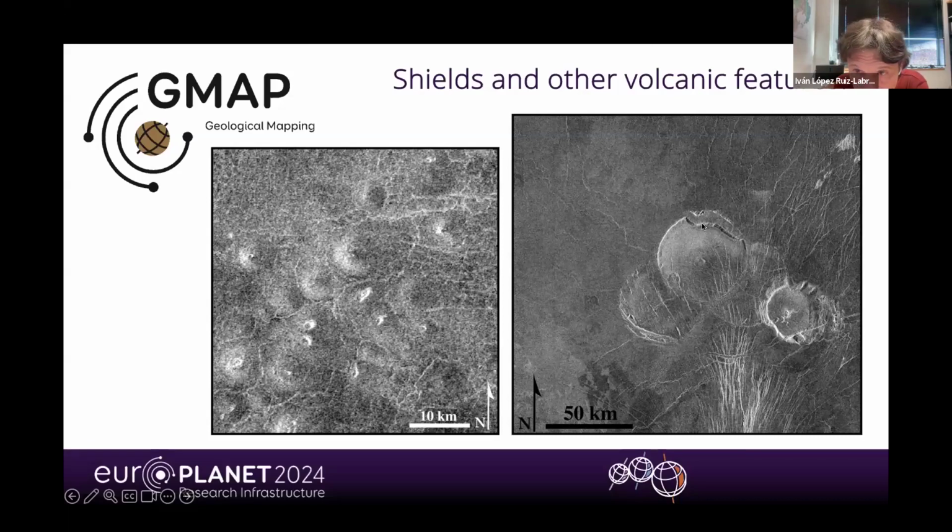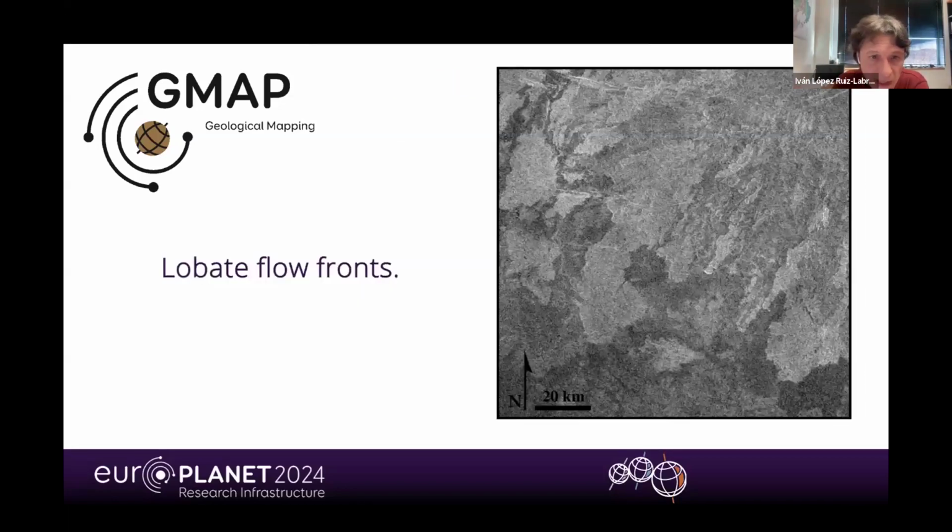This part is brighter than this because of the orientation with respect to the antenna. So we always have to play with the geometry of how we are looking at the images to interpret the structures that we are seeing on the surface. We see many volcanic lava flows, and we are going to see many examples of this.